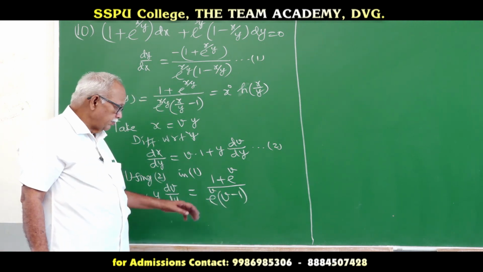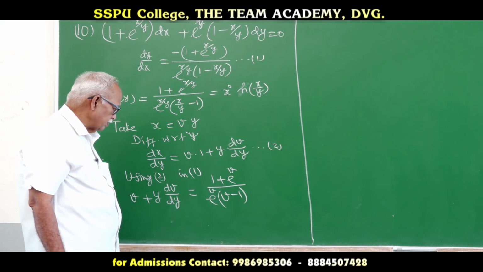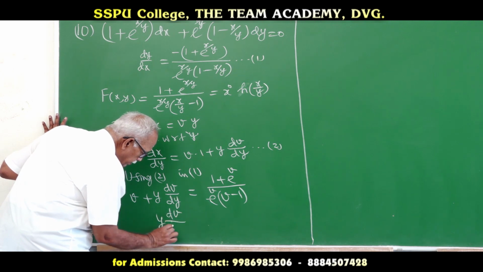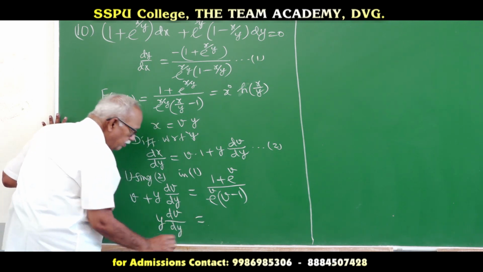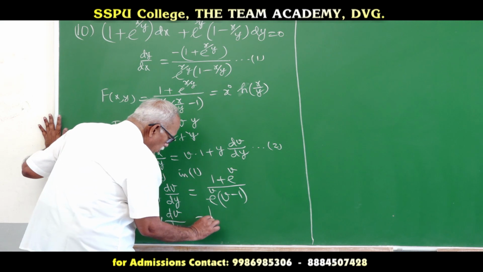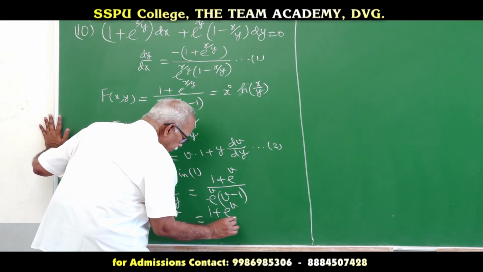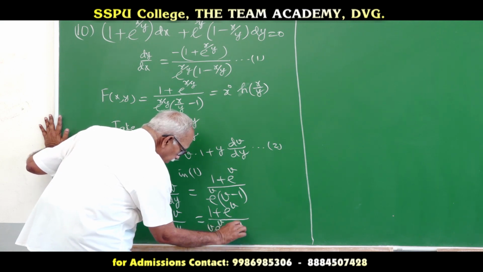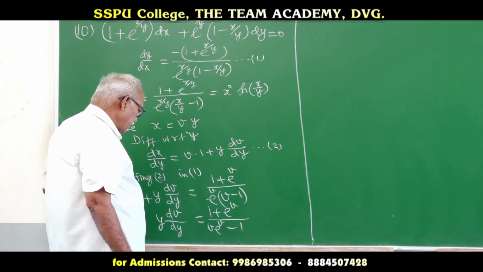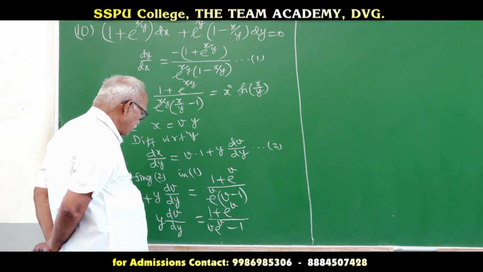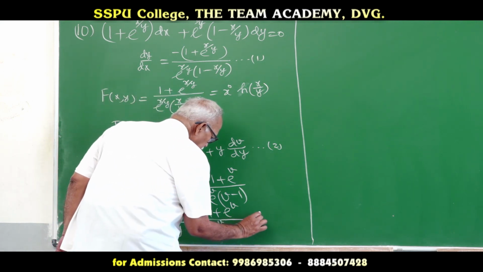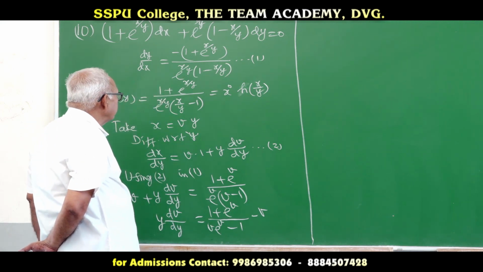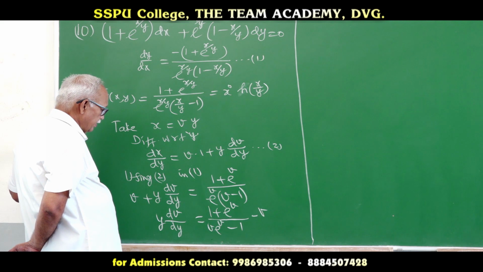Now, we can simplify this, y dv by dy is equal to 1 plus e power v divided by e power v into v minus 1, minus v.